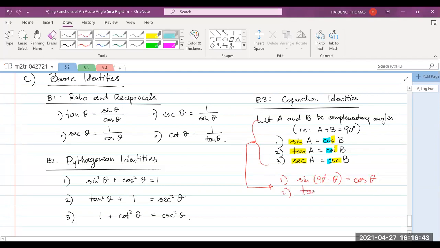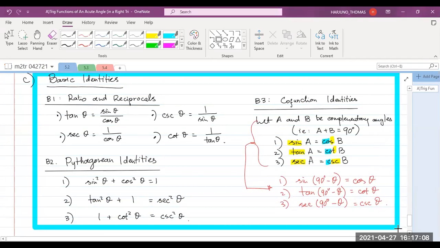Tangent 90 degrees minus theta is cotangent theta. Secant 90 degrees minus theta is cosecant theta.